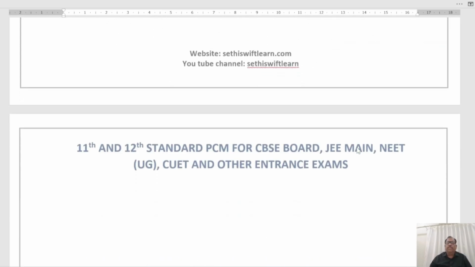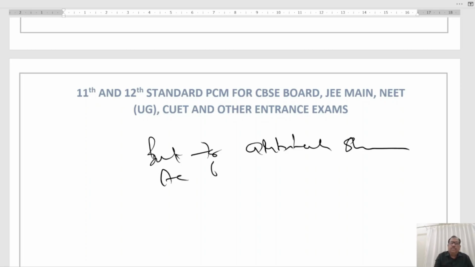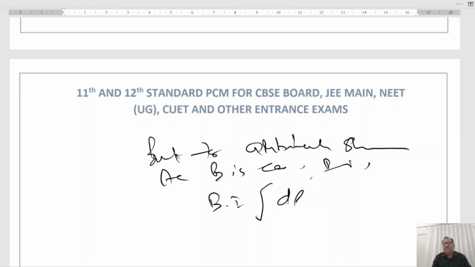But for an arbitrary shape, as B is constant and I is constant, we get B into I integral of dl.